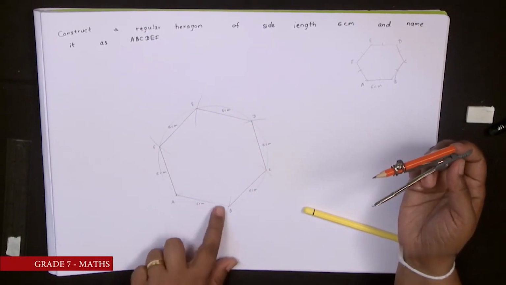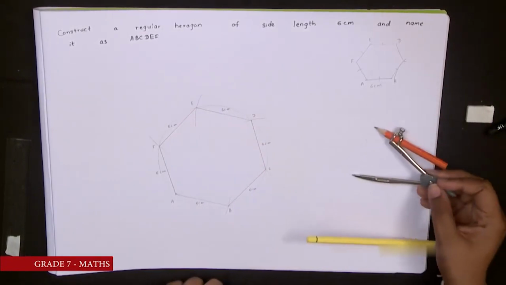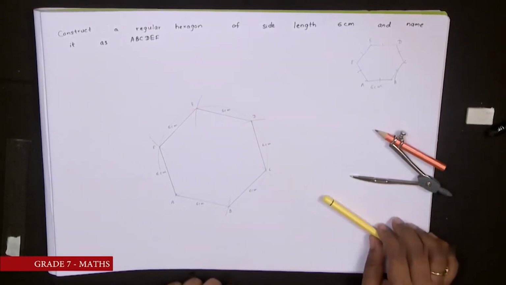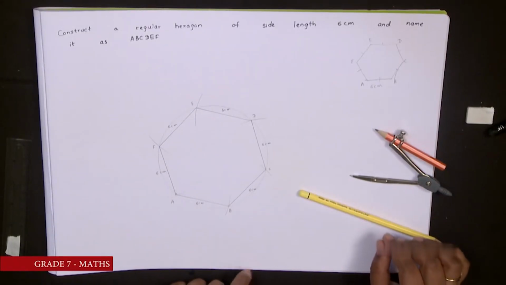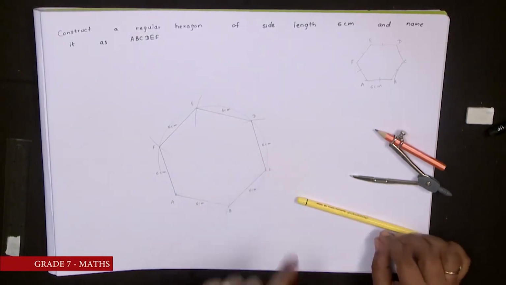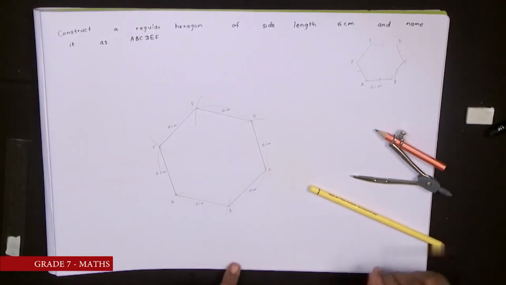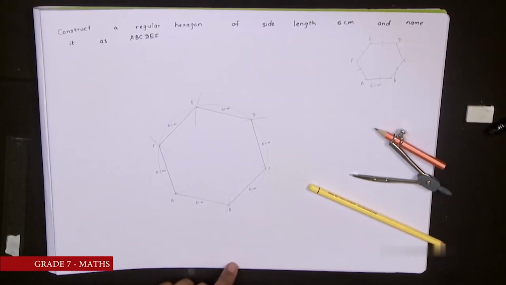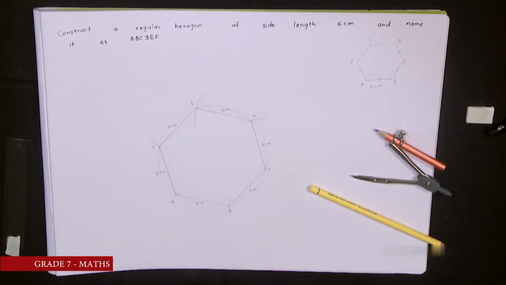And then I joined all 6 points together, and I have completely constructed the regular hexagon of side length 6 centimeters. Therefore, I have marked the lengths near the sides, and I have named the regular hexagon as A, B, C, D, E and F.